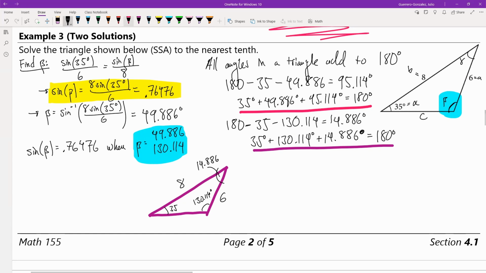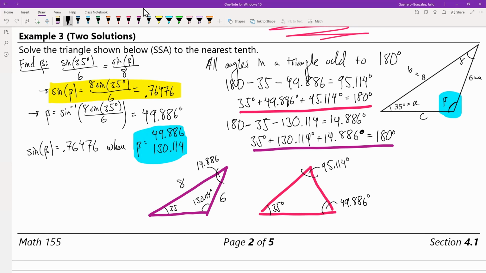Let me draw the other one now. This angle right here is 35 degrees, this angle is going to be 49.886 degrees, and this angle right here is my missing 95.114 degrees.